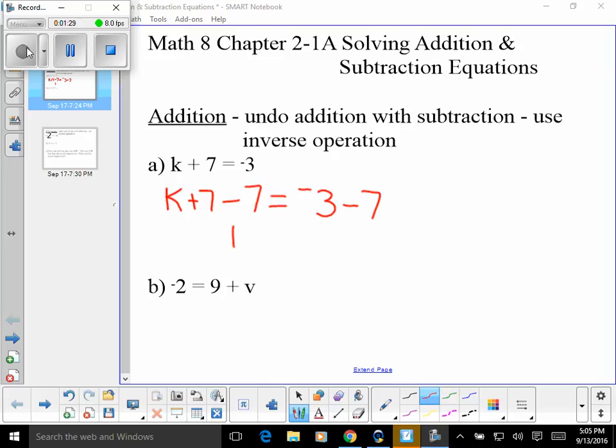So on this left side, we simplify or reduce it down to a k. On the right side of that equal sign, this is where you've got to remember your integer rules from chapter 1. This is subtraction, so we add the opposite. Negative 3 plus negative 7 is negative 10.